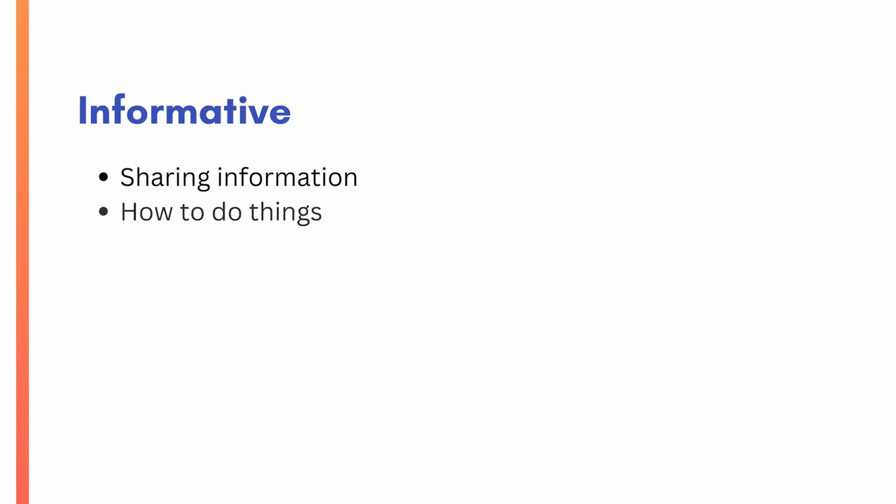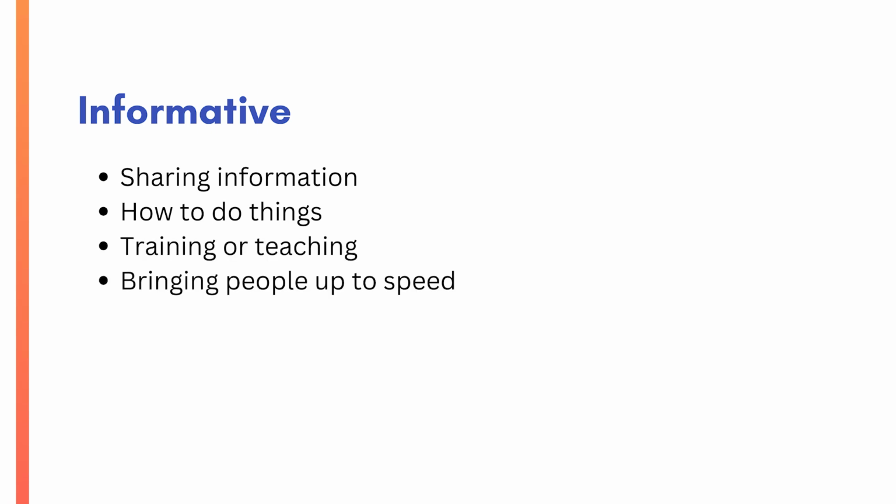It's much easier to understand what a persuasive message design is when we contrast it with a more traditional informative speech. Most presentations in professional settings are not technically persuasive. In fact, the vast majority have the goal of simply informing your listeners to one level or another. We're often sharing information, showing people how to do things, training, teaching, or otherwise bringing people up to speed on an issue.